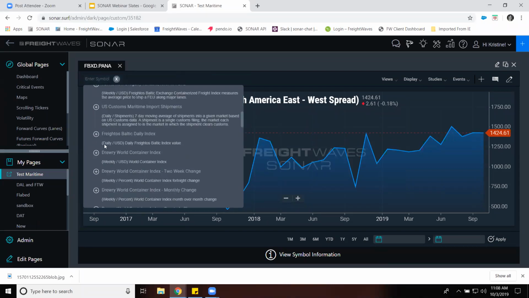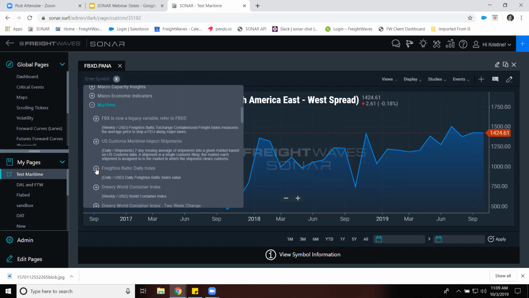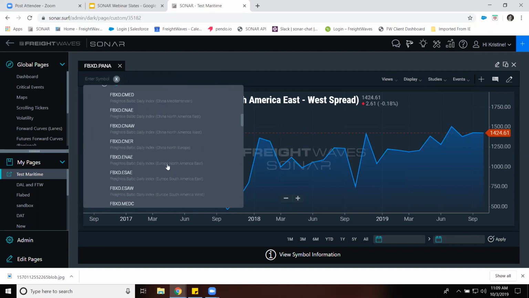So since we know that the Freightos Baltic Daily Index represents pricing for a 40-foot container, you can get a feel for, this is Europe to North America East Coast. So the first region, continent or country that's labeled is where the origin ports would be on that port-to-port move.